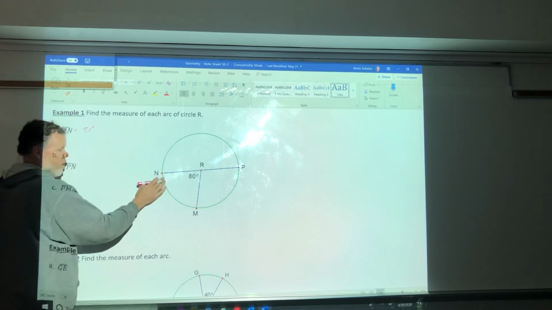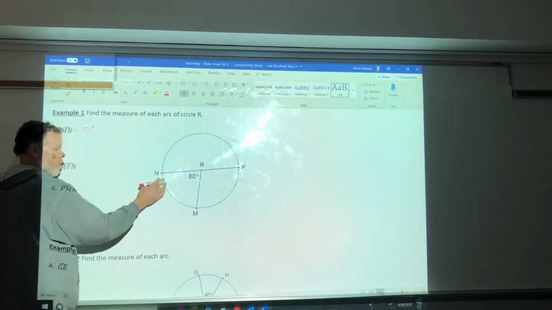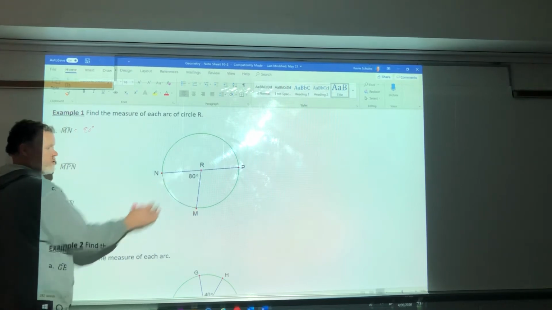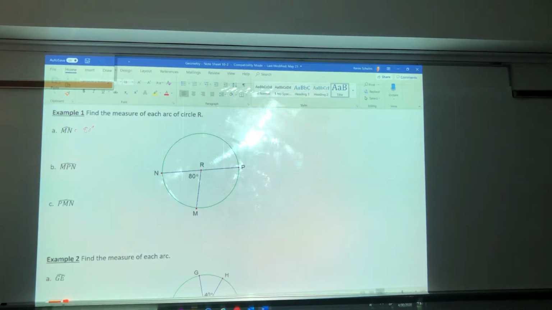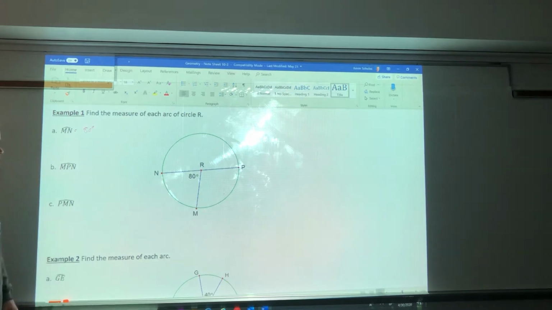So this is your arc right here, MN. This is your central angle. Your arc is always going to equal what your central angle is. Later on, we're going to get into inscribed angles, which will be a little bit different.